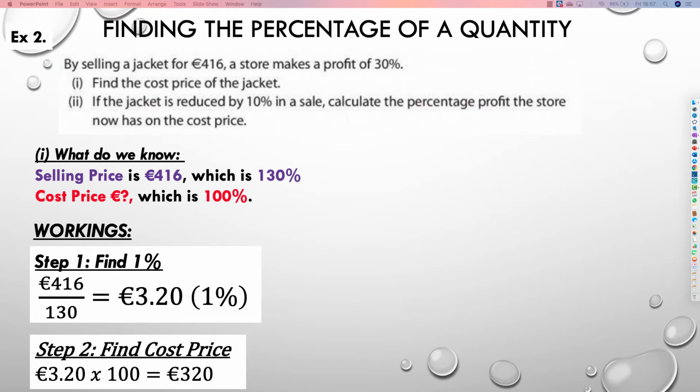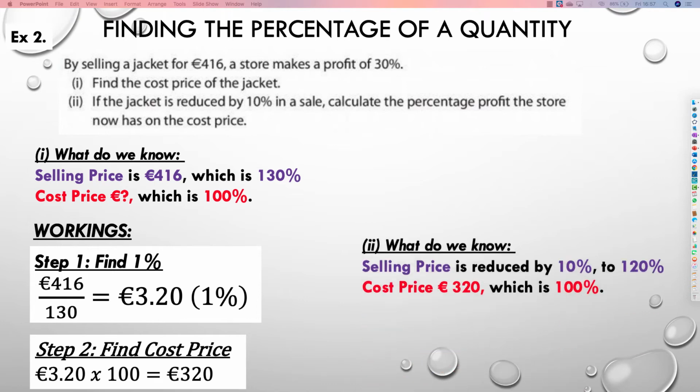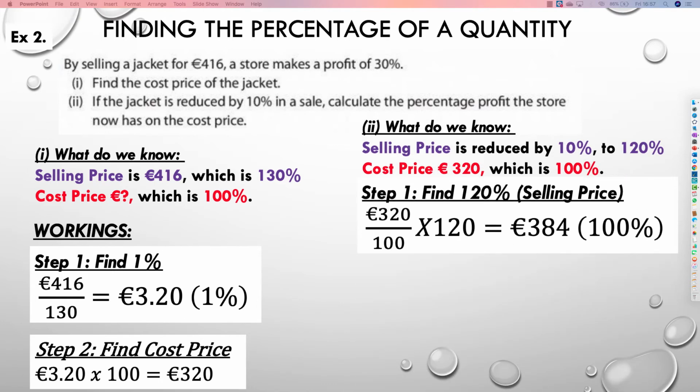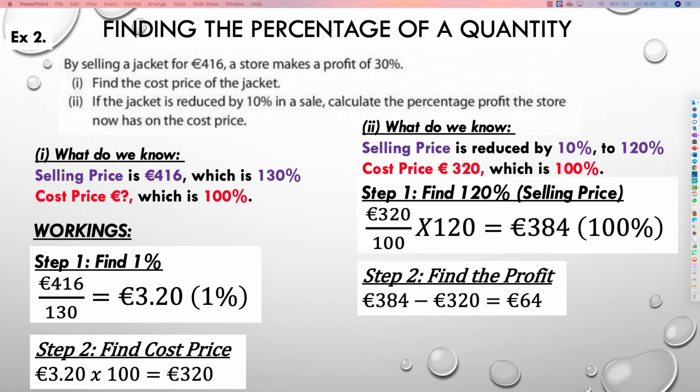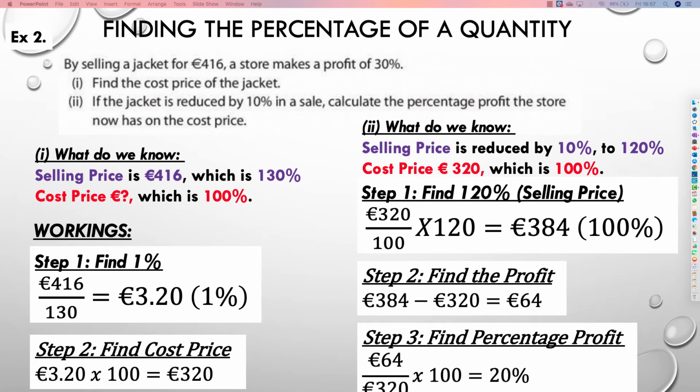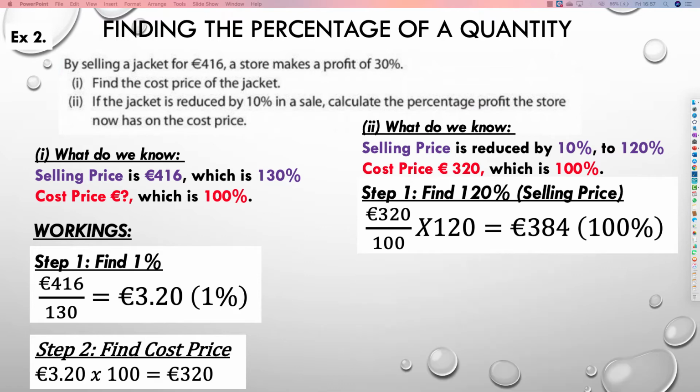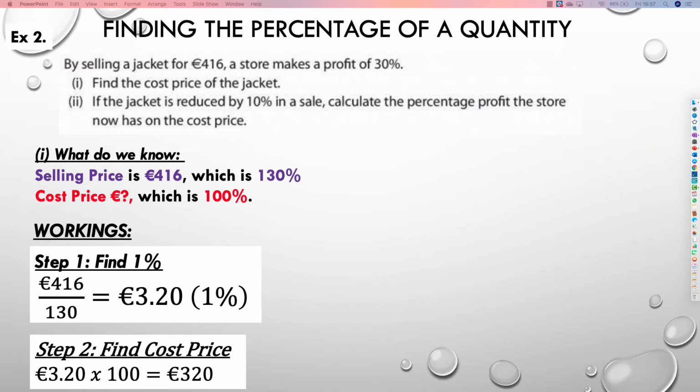And you get, let's look at it, 64 over 320 multiplied by 100 is 20%. Sorry, that should be the other way around. That should be, yeah, 64 divided by 320. Mathematics. Right, next slide.